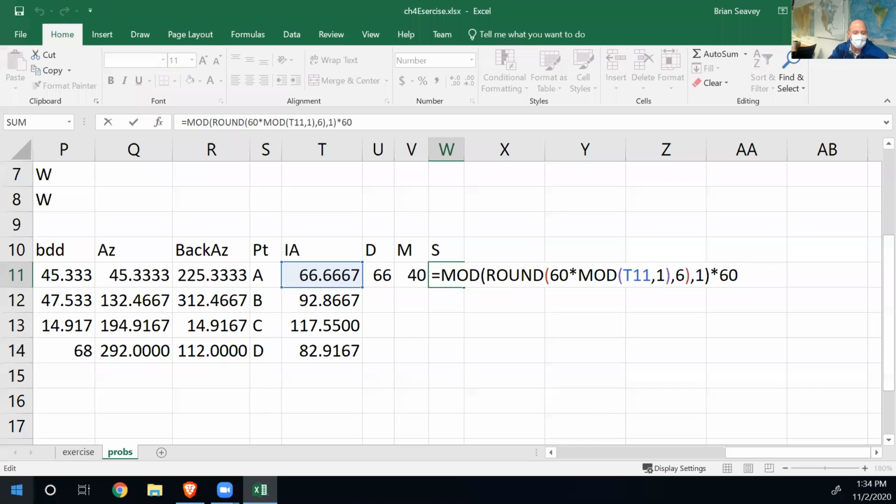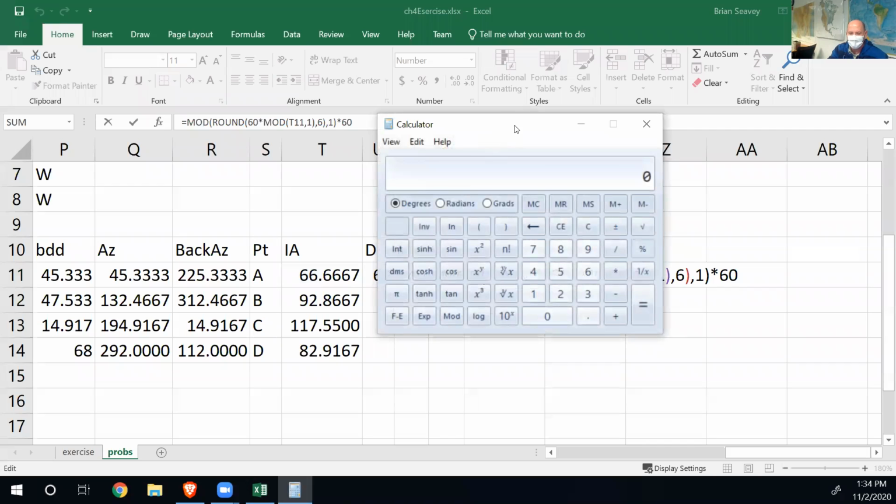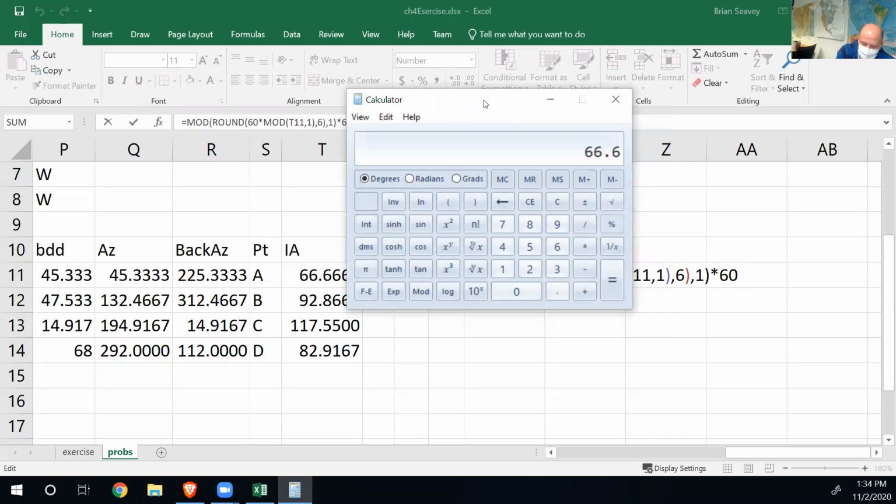We've done this before, but I think it's worth showing. On a calculator, if I had 66.666666 and I want to break this up into degrees, minutes, and seconds, I write down 66, and then take the modulus of it. In this case, I could just subtract 66, and there's 0.6666. Actually, this is 40 minutes.